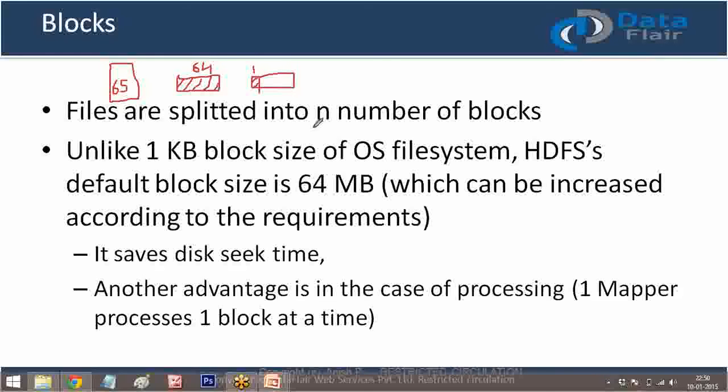Now, my question to all of you is, what will happen to this 63 MB space? Think about it. Giving you 20 seconds. Sandil is saying it would be left as it is.